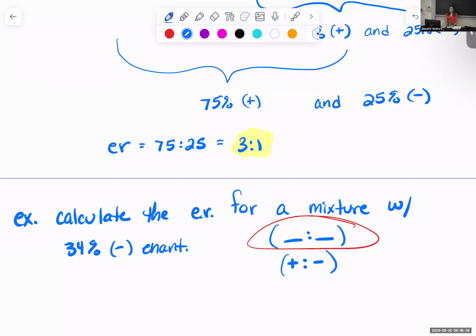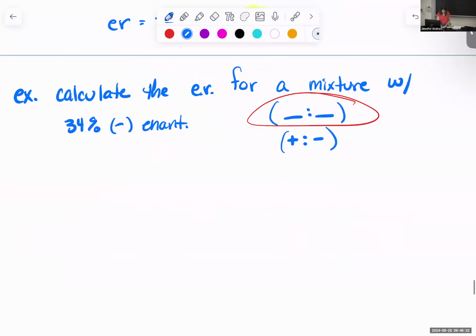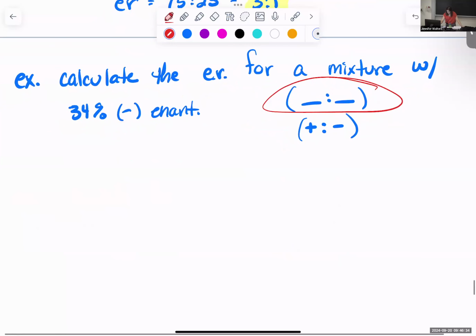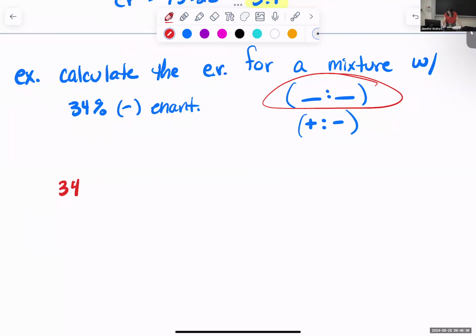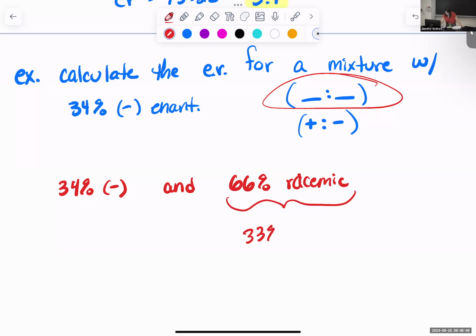What did we get? A 1-to-2 ratio, yeah. So if I have 34% is negative, then that means that I have a 66% that is racemic. So then that equals 33% is the positive and 33% is the negative.